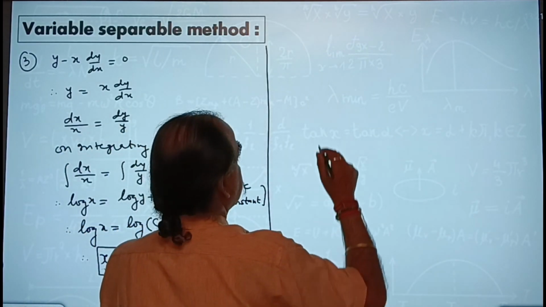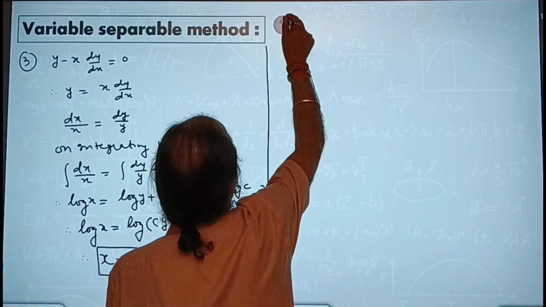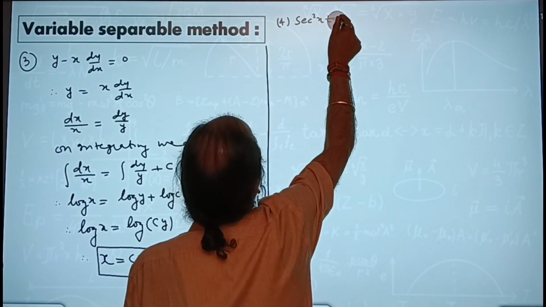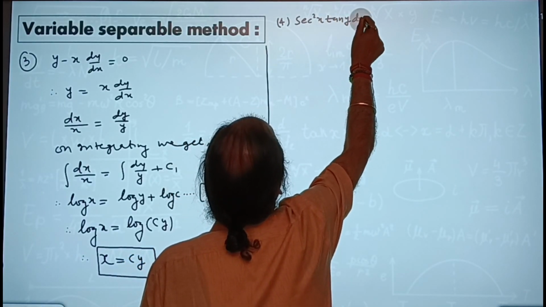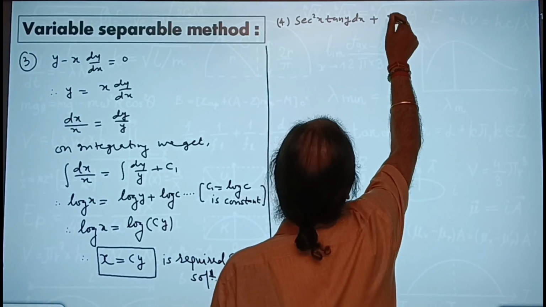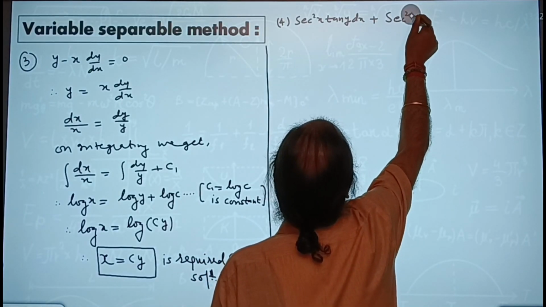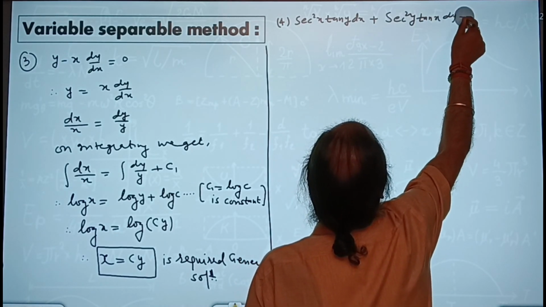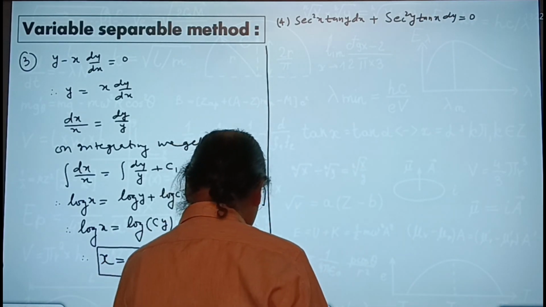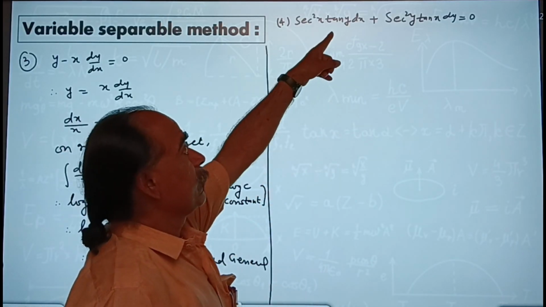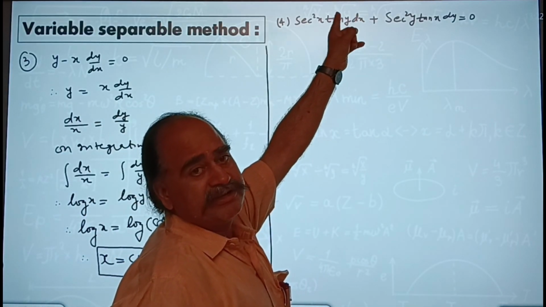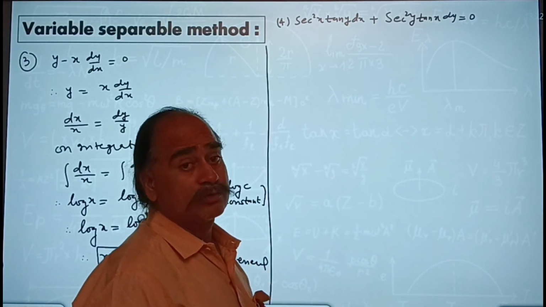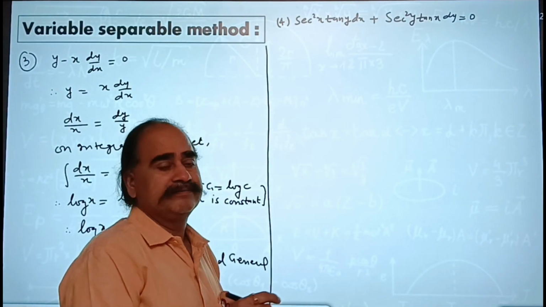Next, sec square x tan y dx plus sec square y tan x dy is equal to 0. See, this is dx. With dx we don't want tan y, and with dy we don't want tan x. Whatever we don't want, the product of that we will divide.